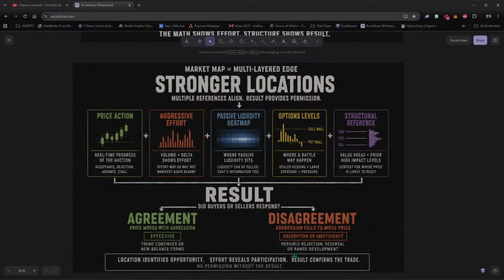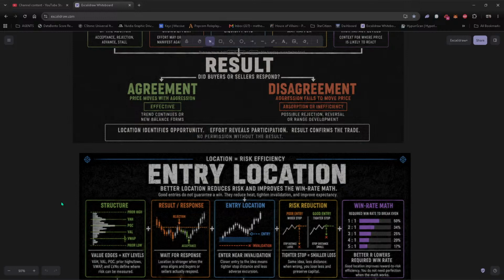What I'm looking for is when I feel like there's an edge and there's this battle going on between buyers and sellers. If I think that edge is large enough that I'm willing to take the risk and I have a good stop location to protect me, that's where I'm getting in. Okay. So back to entry location, a little bit farther.